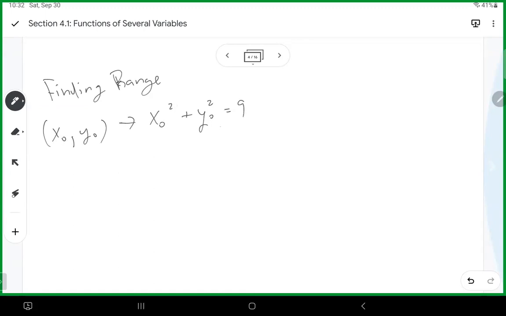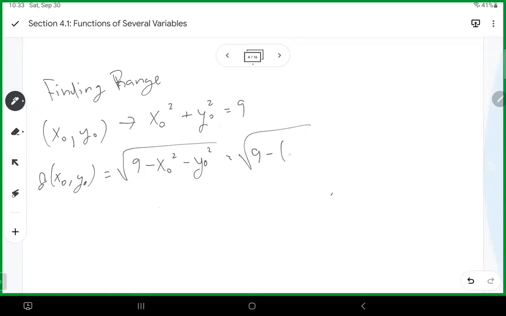So if we shove that into the g of x and make it this, we end up with 9 minus x sub 0 squared minus y sub 0 squared, which, if we do 9 minus x sub 0 squared plus y sub 0 squared, we know that that is just 9 minus 9, which is 0. Okay.